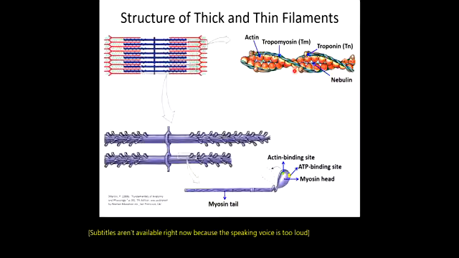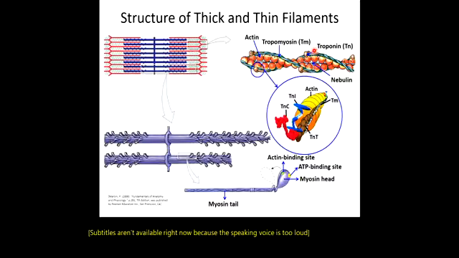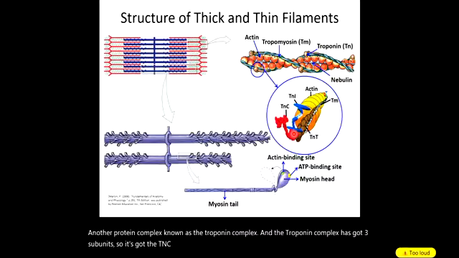And the place where there is this head to tail overlap of the tropomyosin molecules is where you have another protein complex known as the troponin complex. And this troponin complex has got 3 subunits, right? So it's got the TNC subunit or troponin C subunit shown here in red. It's called TNC because it binds calcium.